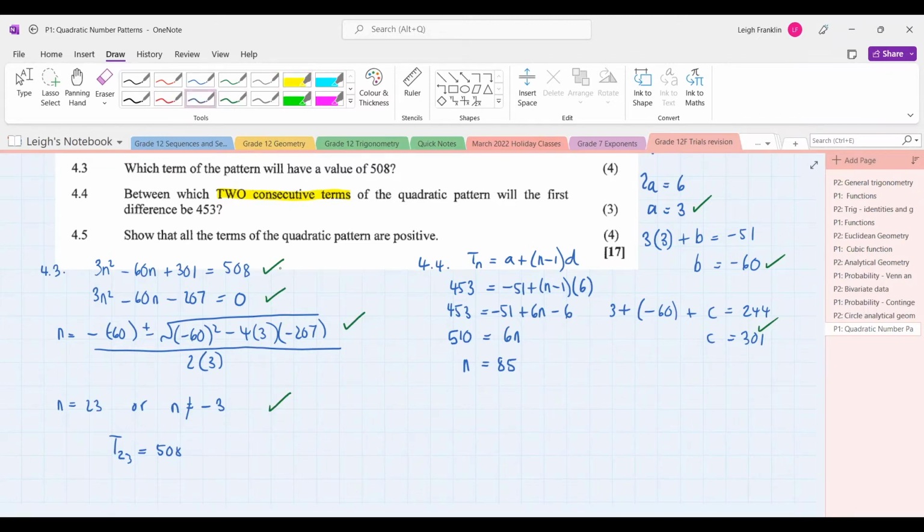So we would need to finish that off. Between term 85 and term 86, that's when the first difference is going to be 453. Okay, does that make sense to everybody? How are you guys feeling about that? Good, positive, does it make sense?